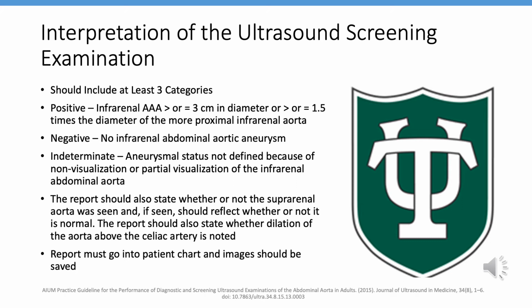The next category is considered negative, in which no infrarenal abdominal aortic aneurysm is noted. And the third category is indeterminate, in which the aneurysmal status is not clearly defined because of non-visualization or partial visualization of the infrarenal abdominal aorta. So again, the report should specify one of those 3, either it's positive, negative, or indeterminate.